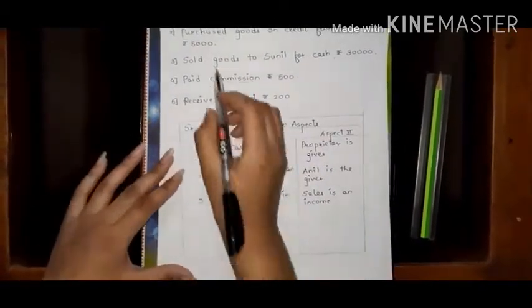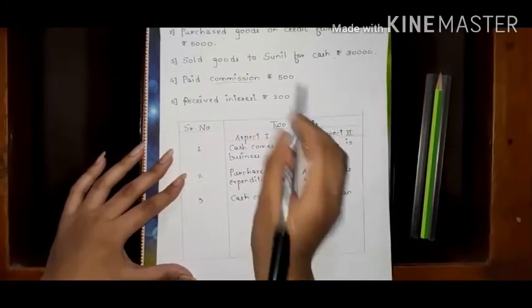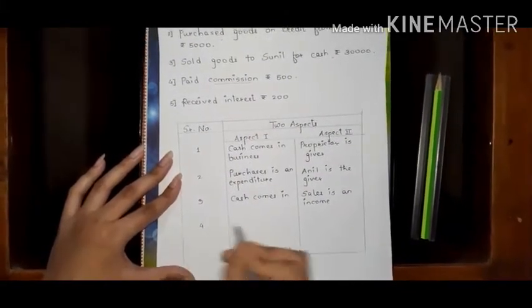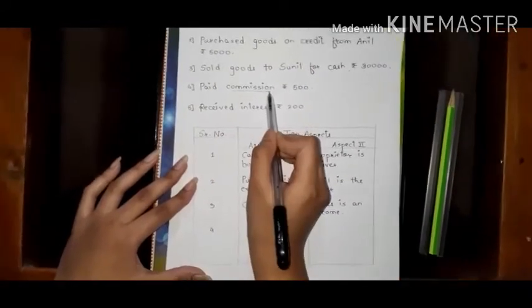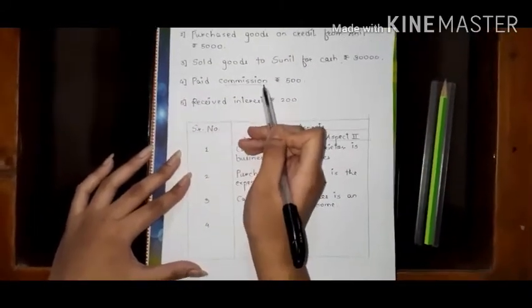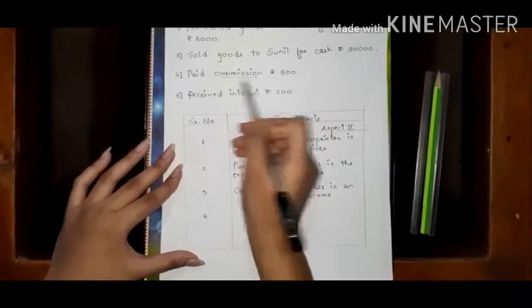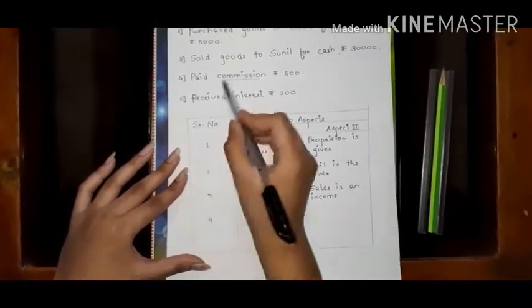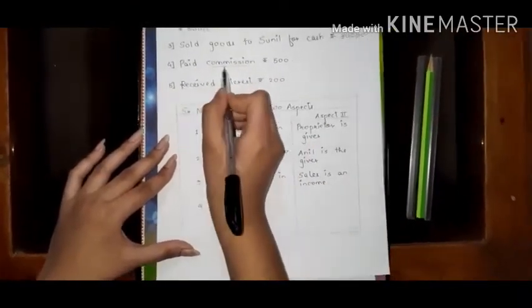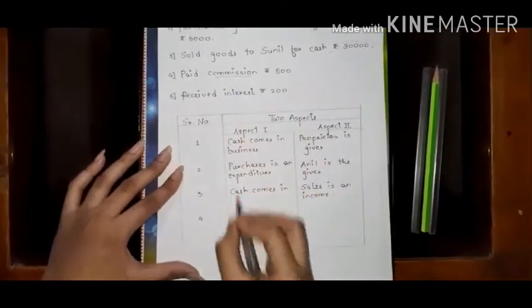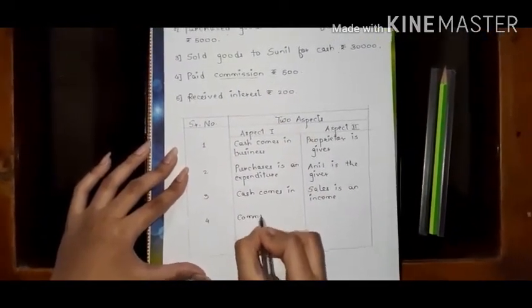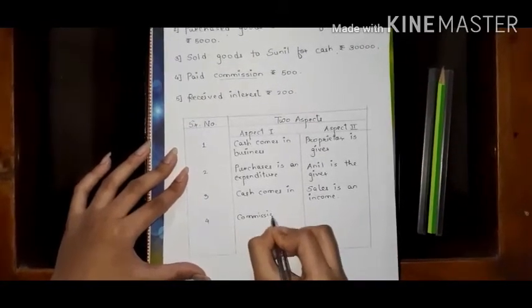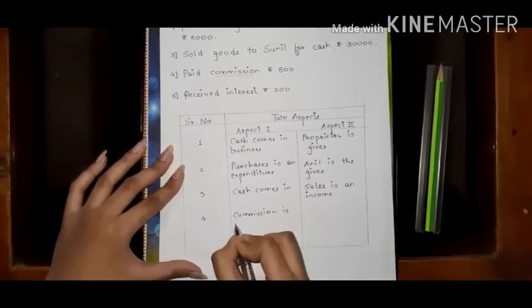Now let's see the aspects over here. Paid commission rupees 500. Now we have paid commission. As I've given you the example, it is same transaction written here, paid commission. That means it is our expenditure. So commission is our expenditure.